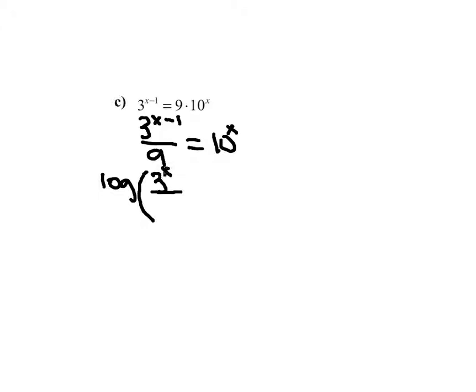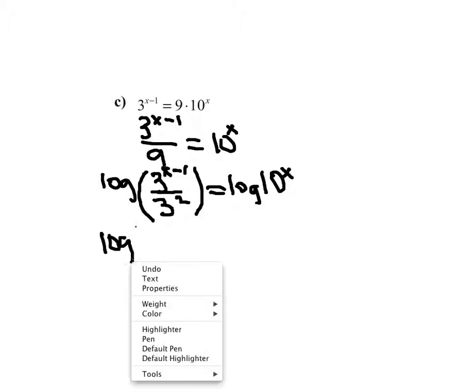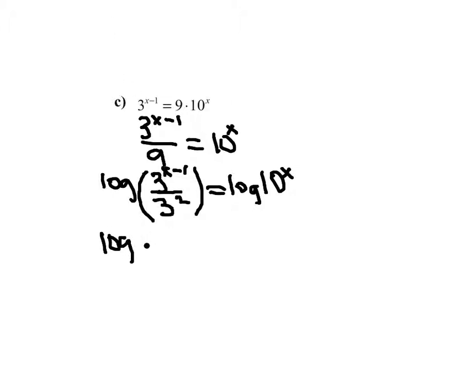So 3 to the power of x minus 1 over 3 to the power of 2, which is the same thing as saying over 9, equals log 10 to the power of x. Now, using our exponent rules, we can change that.